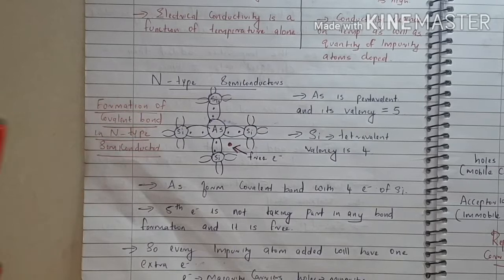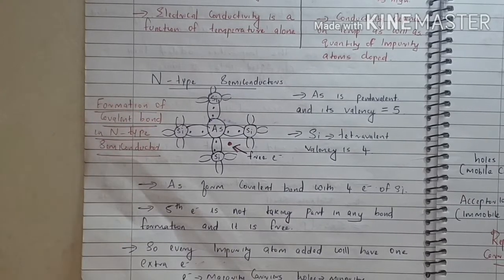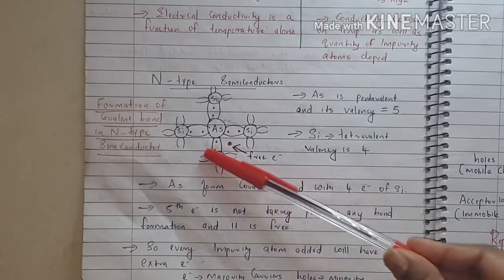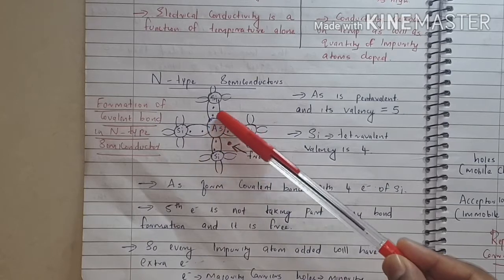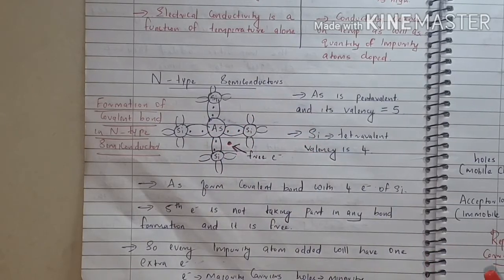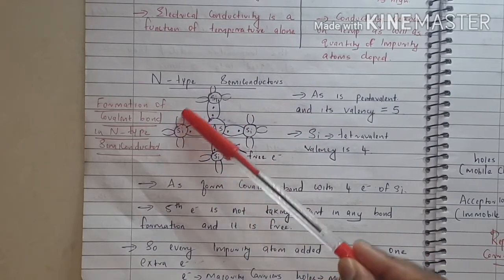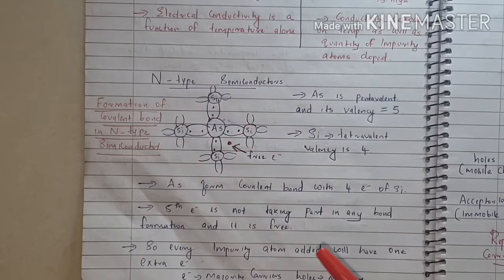Let's discuss more about N-type semiconductor. This is the formation of covalent bonds in N-type semiconductor. I have taken arsenic as an N-type impurity which is added to the intrinsic structure. I have taken silicon as an example of intrinsic semiconductor.